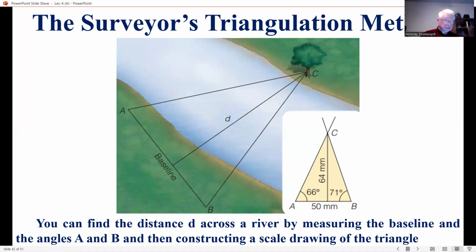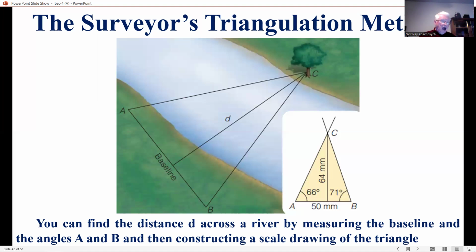Using a protractor, you can construct angles of 66 and 71 degrees at each end of the baseline. And then, as shown in this figure, extend the two sides until they meet at point C, at our tree. Point C on your drawing is the location of the tree, right?